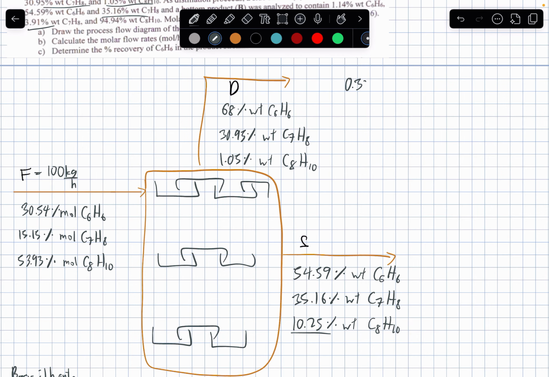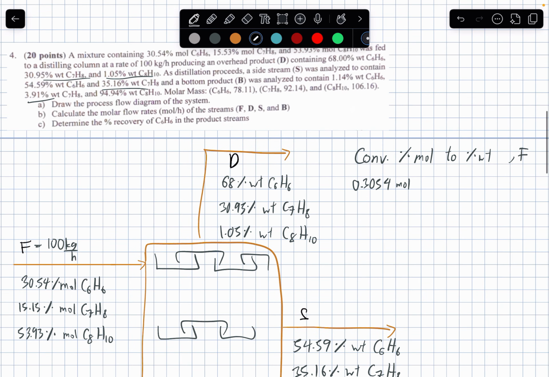Okay? So right now, before we start writing our balances, let's convert these into percent weight. Convert percent mole to percent weight in the feed. Recall the formula: mole is equal to mass over molar mass.